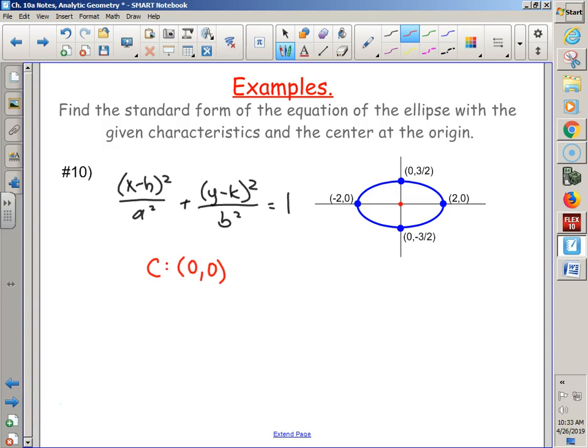Yeah. So I can just plug in 0. Well, that's just x squared, right? And then y squared, because 0 just leaves x and leaves y. Who's my A? The longer half distance. Well, guys, how far from center to the edge? 2. So this is going to be 2 squared, or ultimately 4.